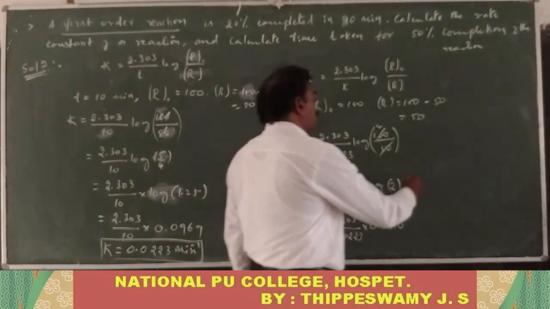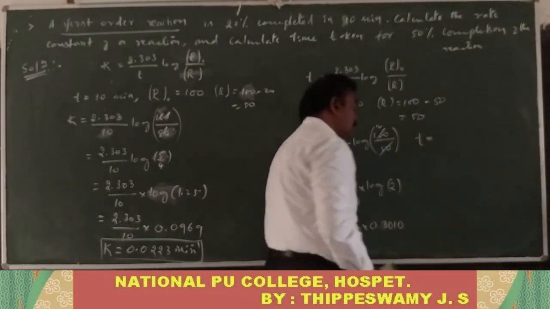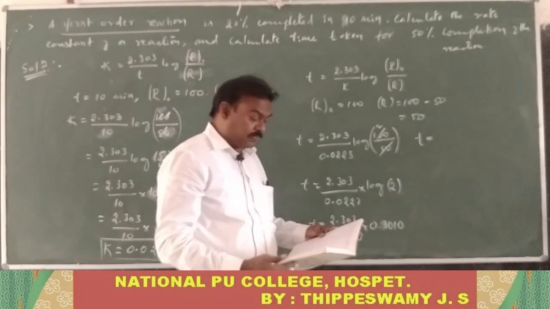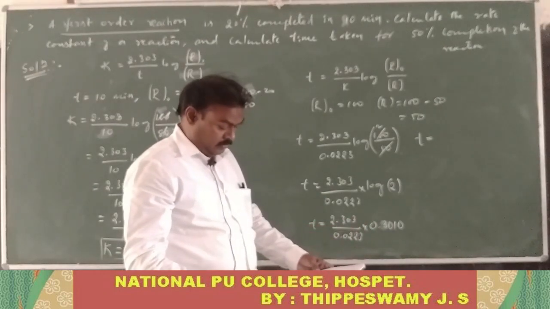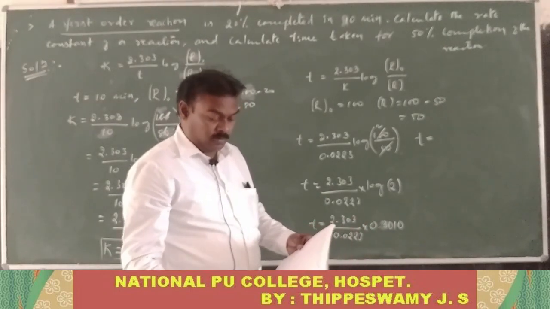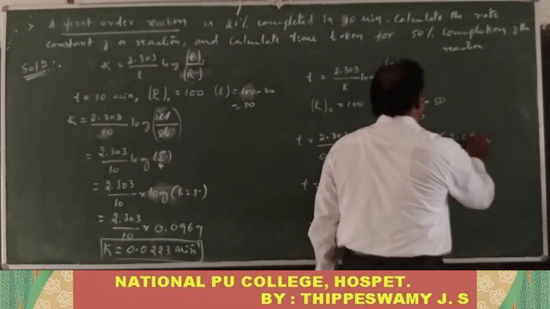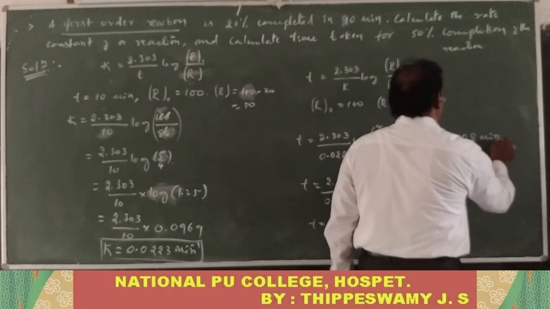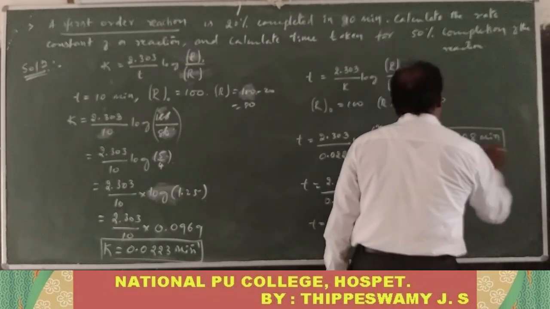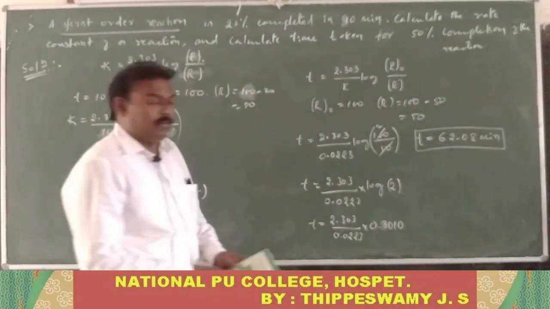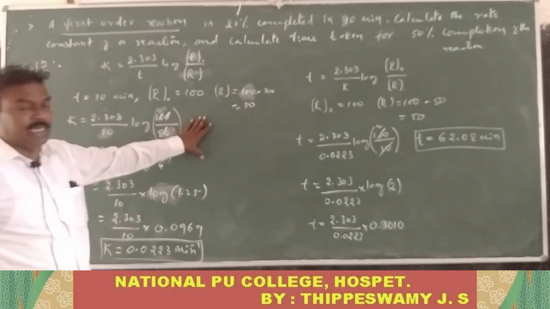So on simplification, we are getting the value of time, that is 62.08 minutes. So in this way, we can solve the numerical based on first order kinetics.